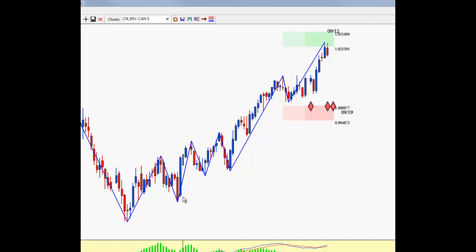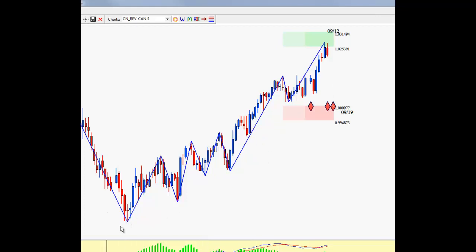And not once did a two-bar swing violate a previous one, although there are allowances for that to happen once, and to happen only if it goes below one previous swing bottom, not two. For example, this swing bottom here might have been able to go below here, but not below both of them, and still be considered a bull. But anyway, that's a whole different lesson and video.